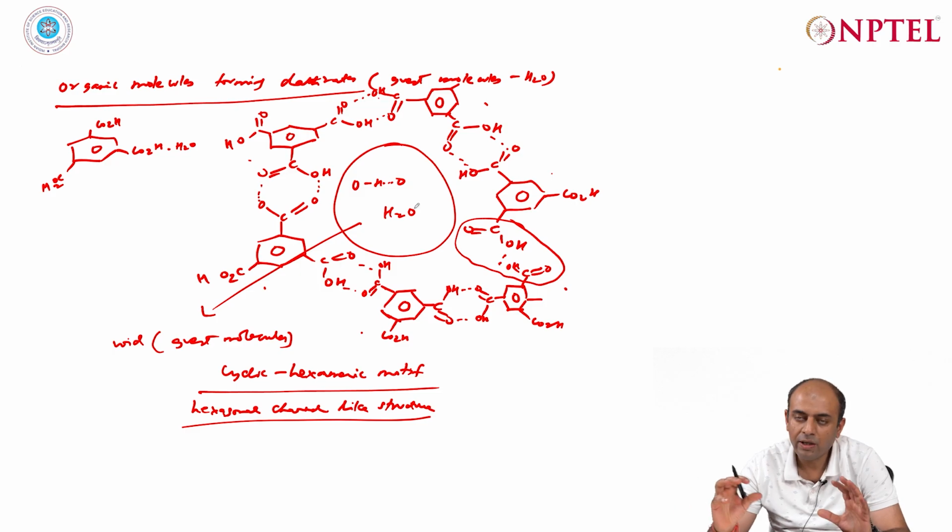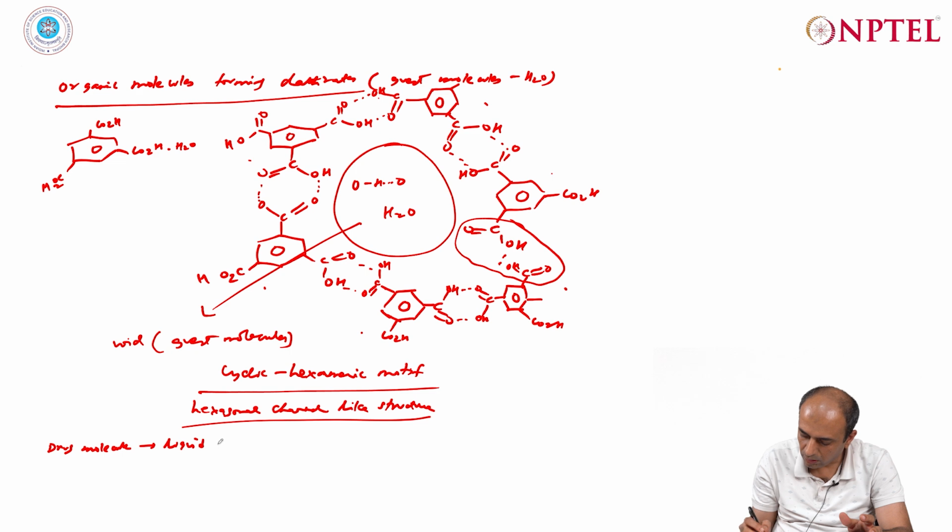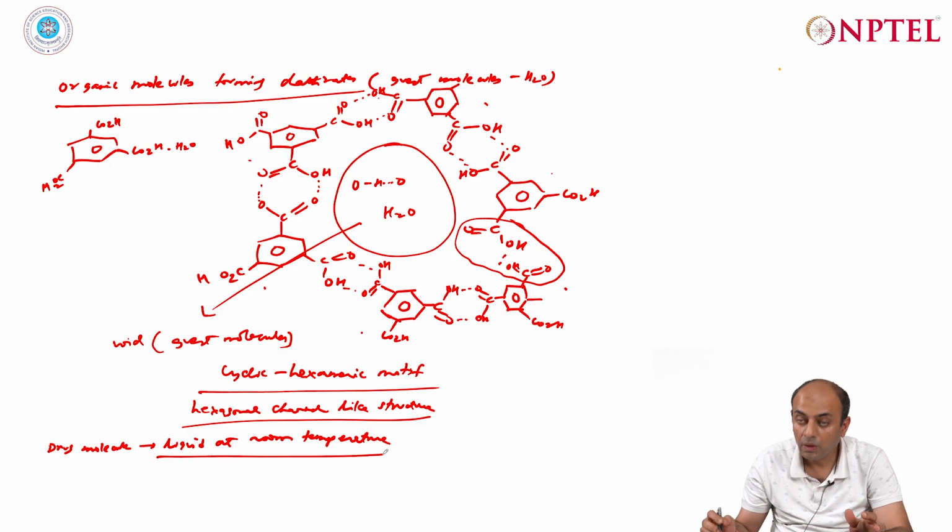For example, if you have a molecule, say a drug molecule which is liquid at room temperature, and you would like to determine the structure of the compound, but it is a liquid at room temperature.